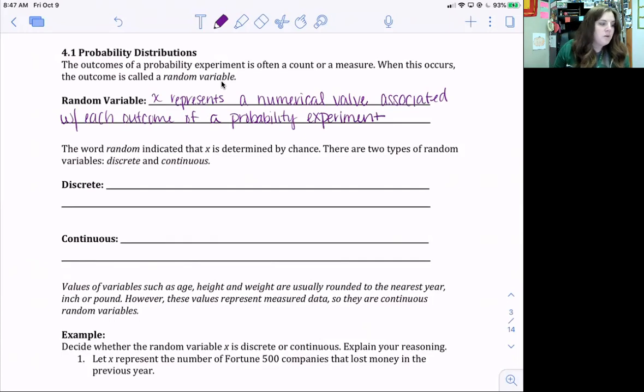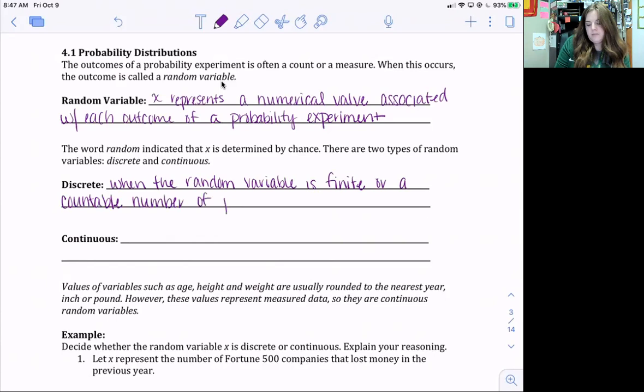So discrete is when the random variable is finite or a countable number of possible outcomes. Okay.